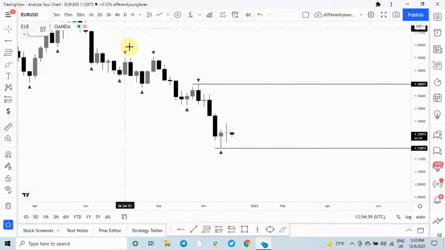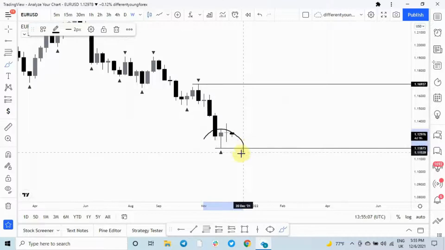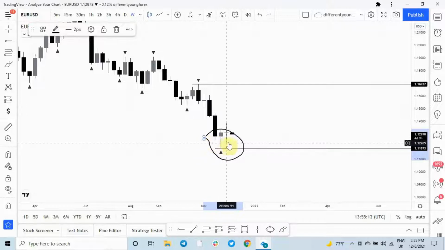Because the market is bearish, we will first look at the most recent price action, which is here. This low is lower than the two wicks on either side. I mean, this wick is lower than this and this wick, so it makes it a fractal low.